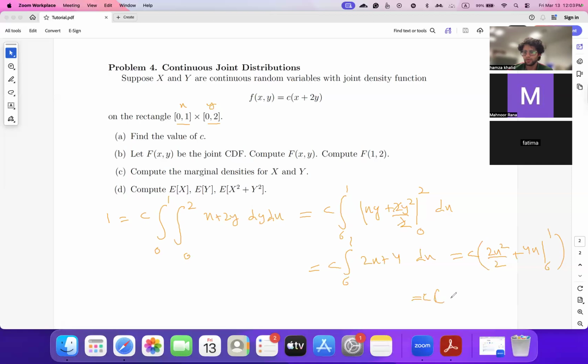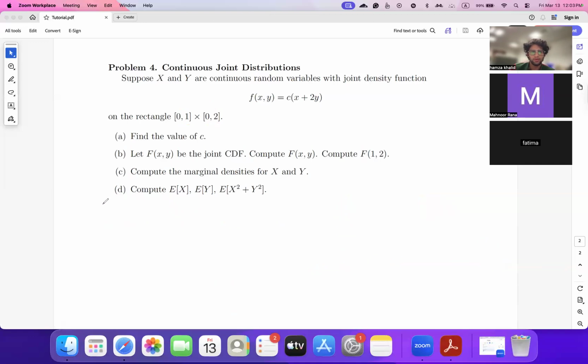C is basically 1 plus 4, right? So 5c. And on the left hand side, you had 1. So c is equal to 1 by 5. 1 by 5. Clear? Yes. Okay, good. So c is 1 by 5.